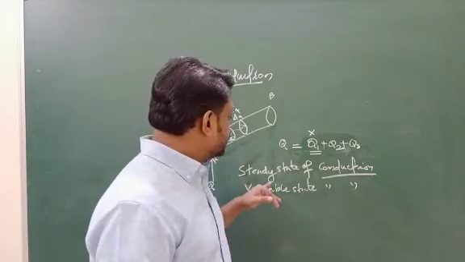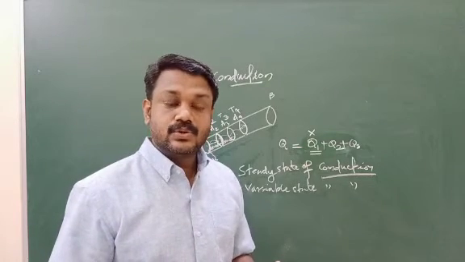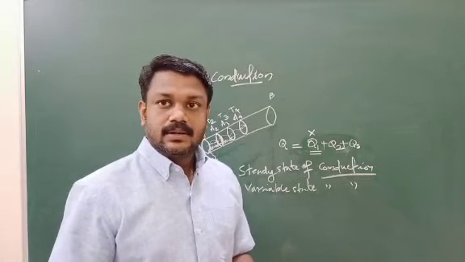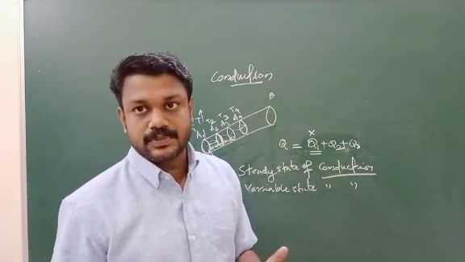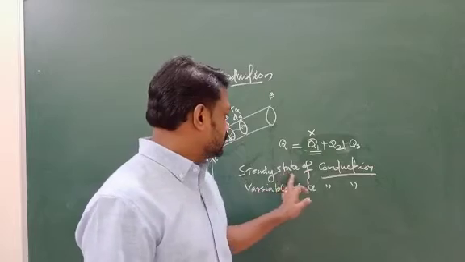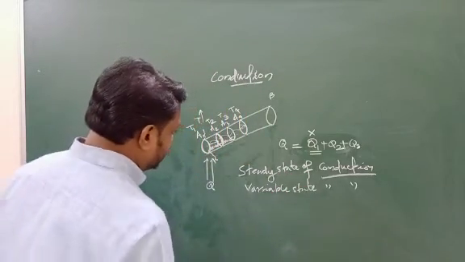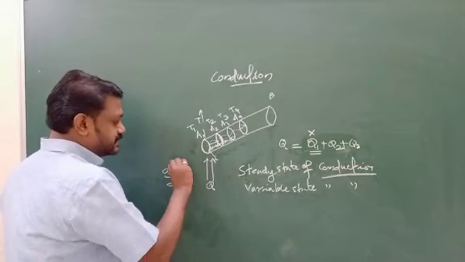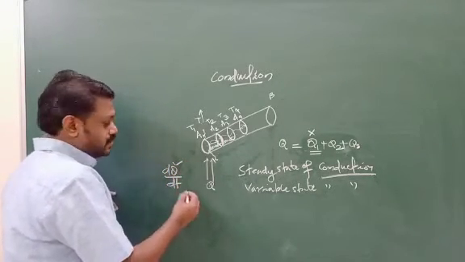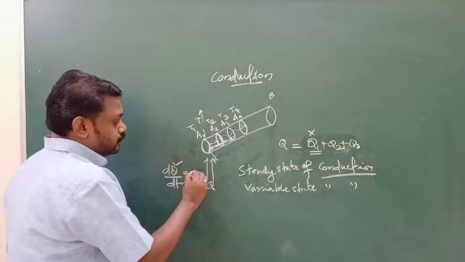In the steady state, none of the supplied heat is absorbed; it can be transmitted or radiated, but not absorbed. At the steady state of conduction, dθ/dt, the change in temperature with respect to time, is equal to 0.